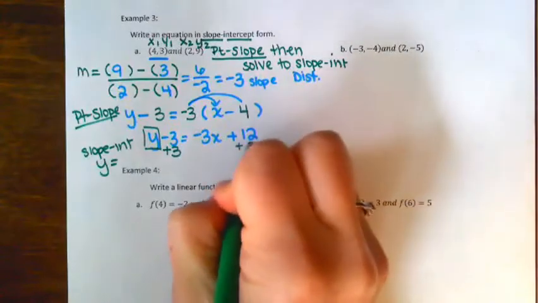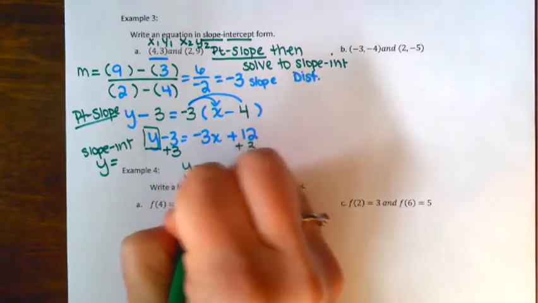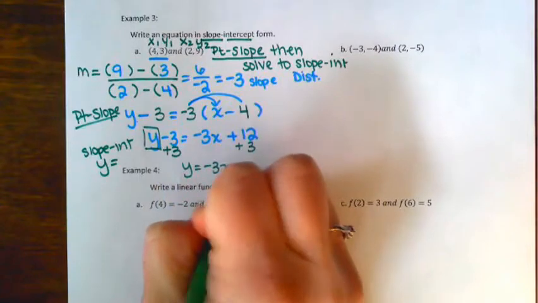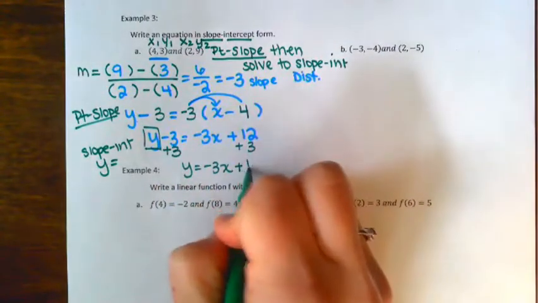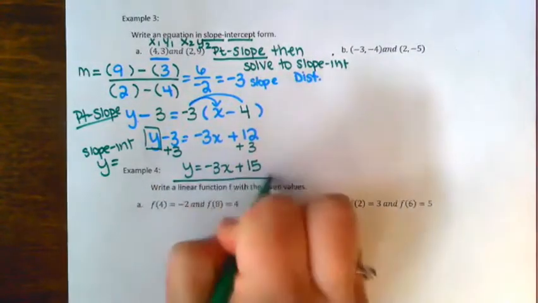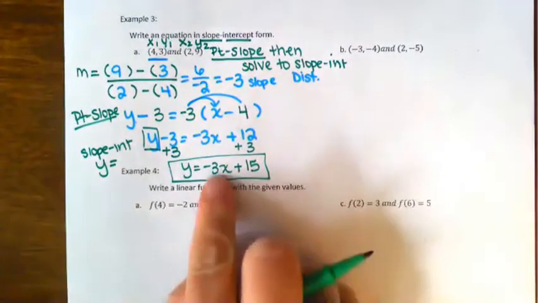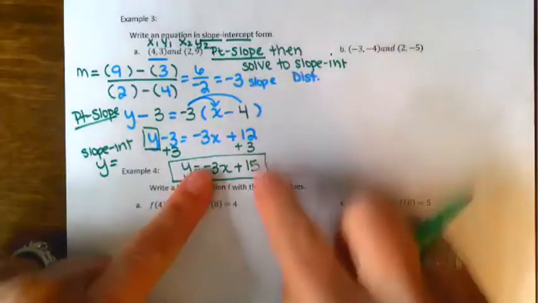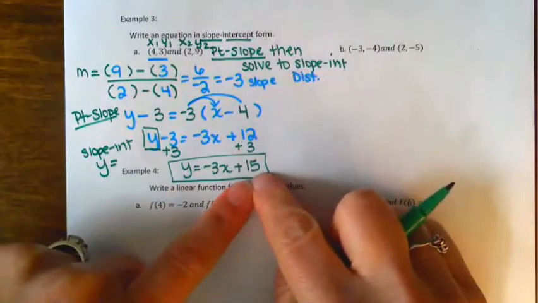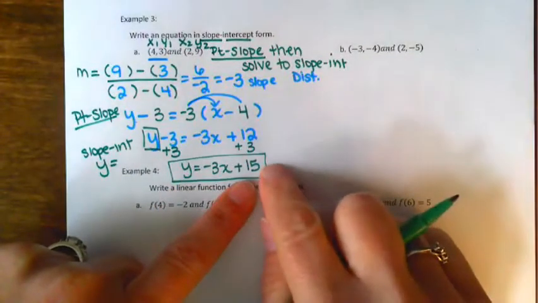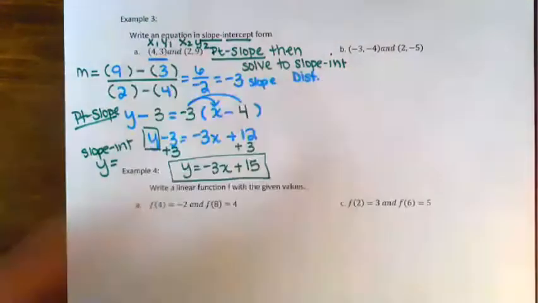The 12. Good. So we get y equals -3x plus 12 plus 3 is 15. So now are we in y equals mx plus b form? Yes. Now you can tell my slope is -3, which we already knew, but now my y-intercept is what? 15. And it also goes through both of these points.